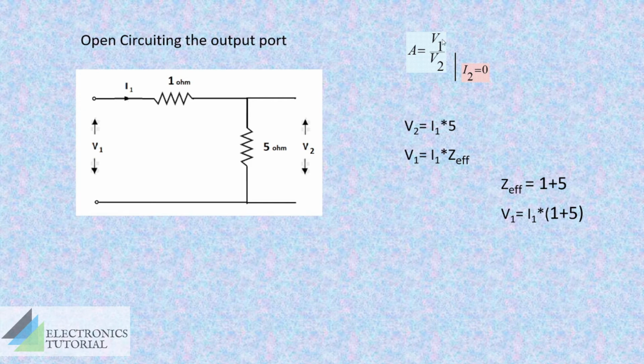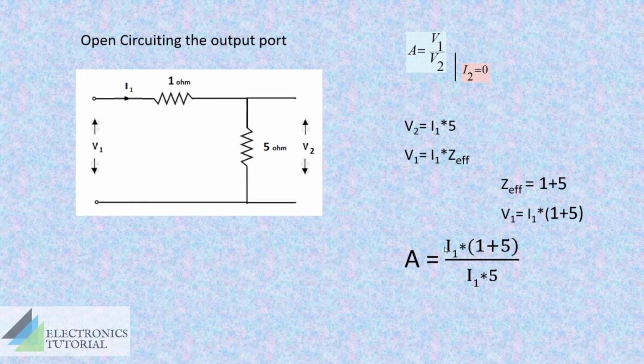Now, we have both the numerator and the denominator with I1 values. In the position of V1, we will substitute I1 into 6, and for the denominator, I1 into 5.